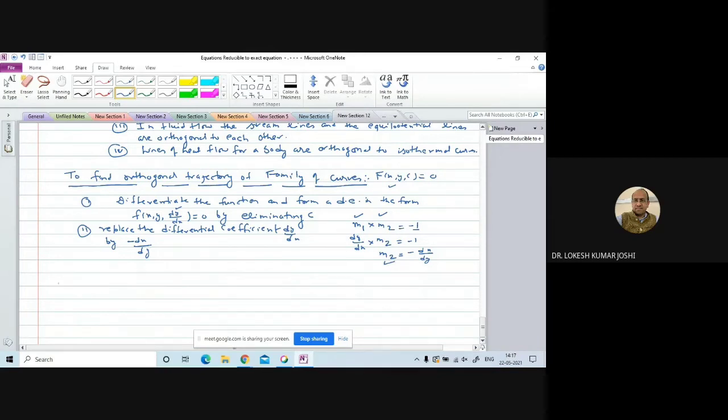Now we have a differential equation where dy/dx is replaced by -dx/dy. Solve the differential equation of the orthogonal trajectory.